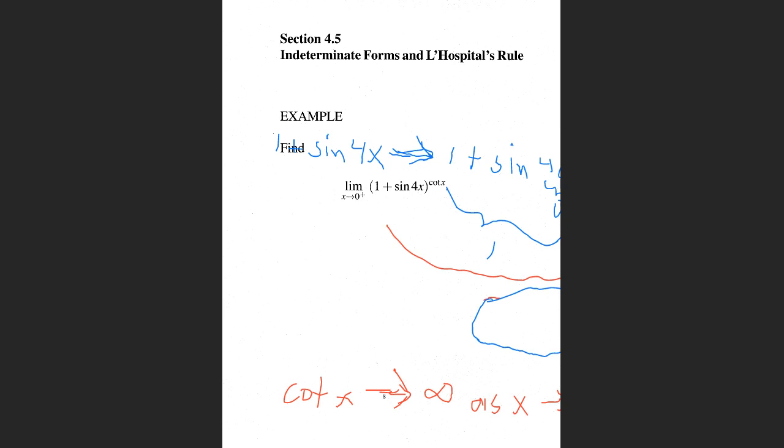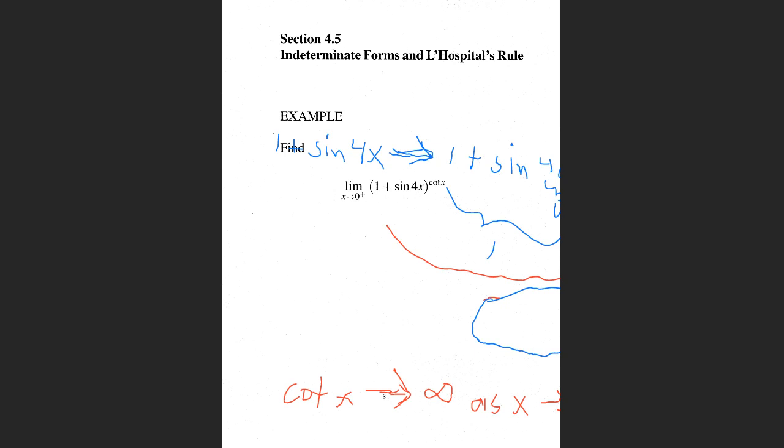You have a power approaching infinity, and a base, 1 plus the sine of 4x, that approaches 1. That's an indeterminate form, 1 to the infinity power. Because how you're approaching 1 matters. It's very important.